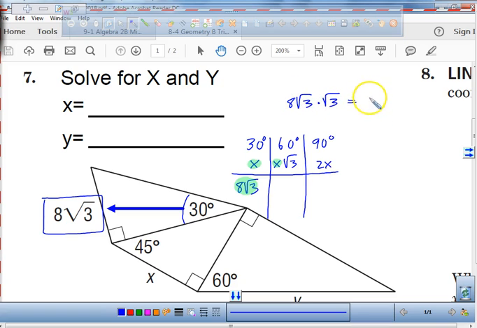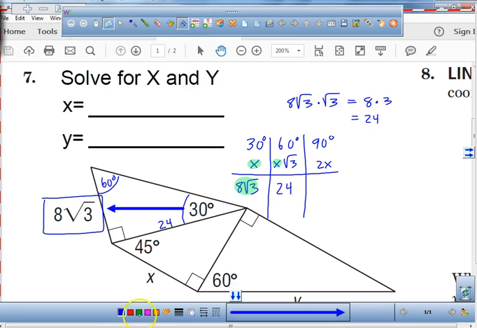And so basically it becomes 8 times 3. And 8 times 3 is 24. So that's what we're going to put right here. Now where do I put the 24 on this triangle? I put the 24 right here, because that 24 is directly across from the 60-degree angle. So you'll see how it's across from the 60-degree angle.